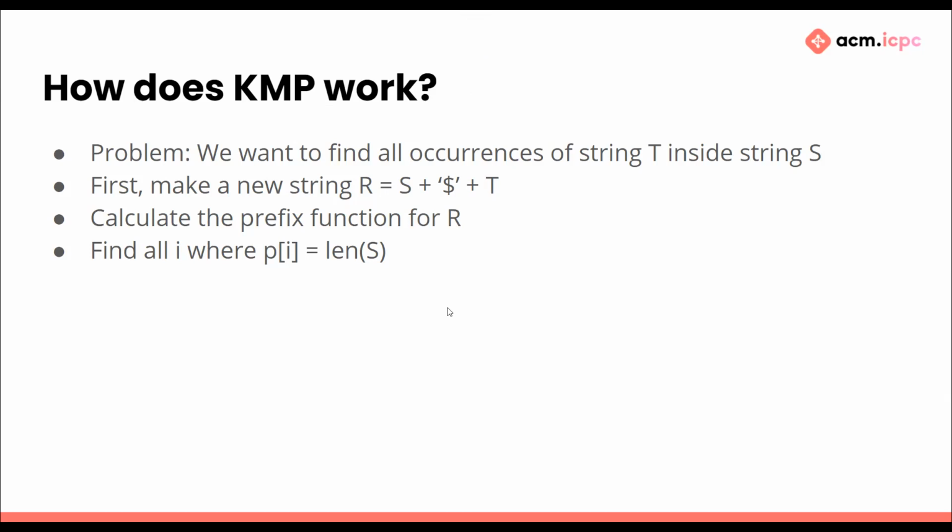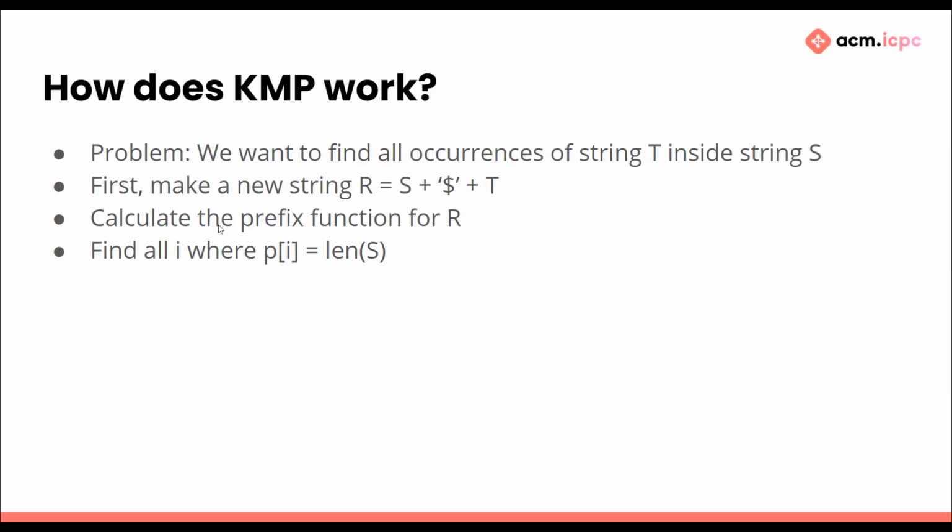And there are other applications of KMP as well. But for now, I'll just go over this classical problem of string matching or string finding. And this runs very fast.